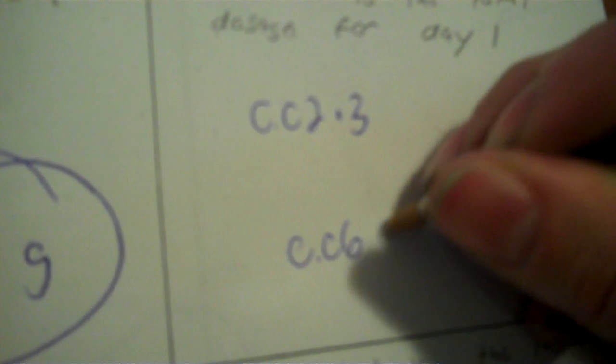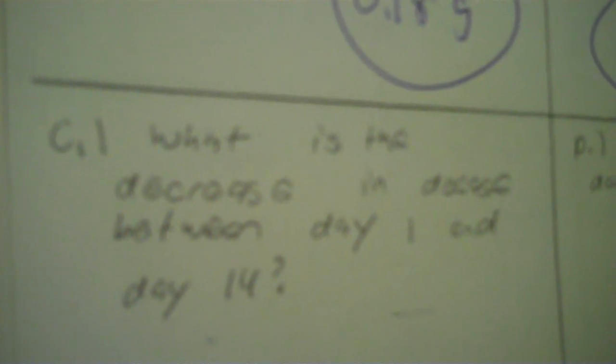Total dosage for day 1, well, day 1's easy, okay? 0.02 times 3. You can times it by 1, but what's the point? 0.06 G. Okay, decrease in dosage between day 1 and day 14, okay?